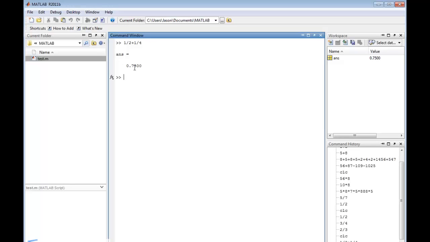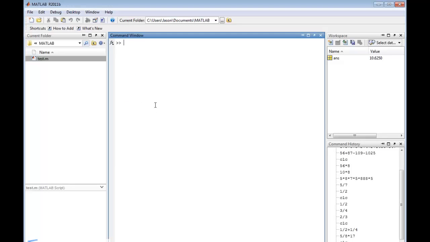It's going to compute the decimal result. I'm going to show you in a couple of sections how to use MATLAB to force it to give you fractional answers, because sometimes you really are interested in keeping the pure fraction as an answer. But for now, just keep in mind that when you do something like 5 divided by 8 times 17, you're always going to get a decimal answer, even though this can be expressed in terms of a fraction. So that's just the way it's going to be. If you need something in fractional form, just hang on tight. I'm going to get to that in a few lessons.